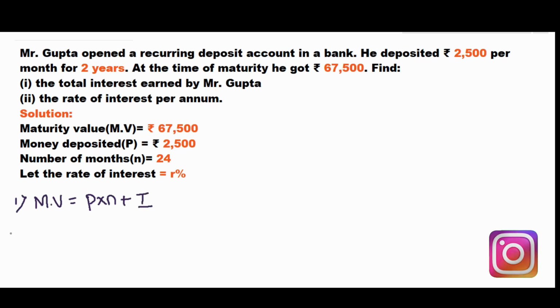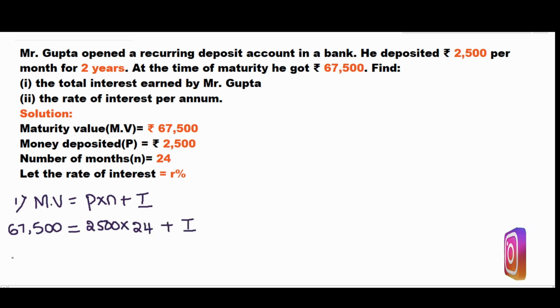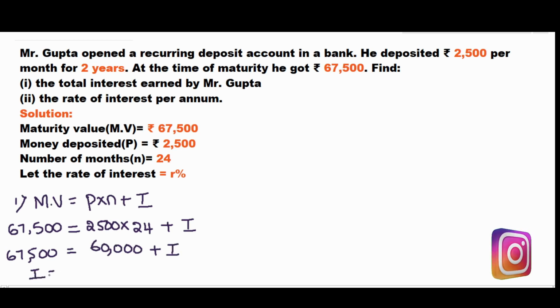So 67,500 rupees is equal to 2,500 into 24 plus I. If I multiply 2,500 into 24, I get 60,000 plus I. So I is nothing but 67,500 minus 60,000, that is 7,500.